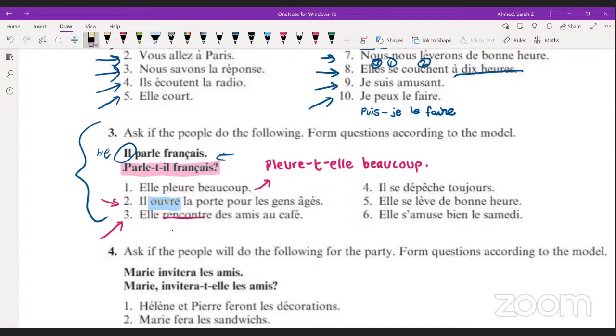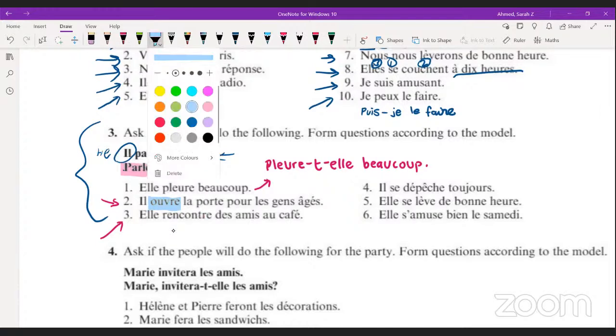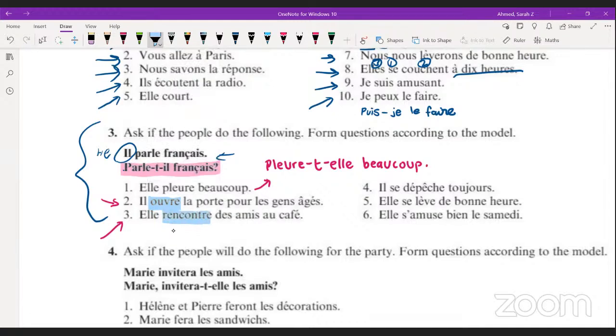Let me just highlight it real quick. So rencontre-t-elle des amis au café? Very good. Okay, let's do number 4.